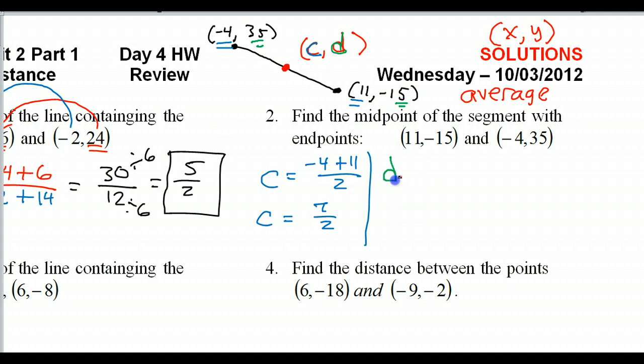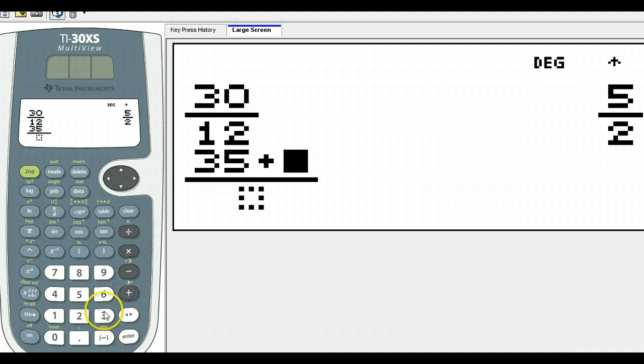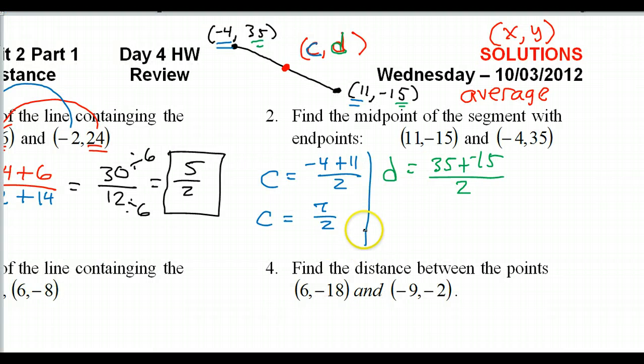So the d value should be 35 plus negative 15 divided by 2. So that's going to be 10. Alright, so the D value is going to be 10.